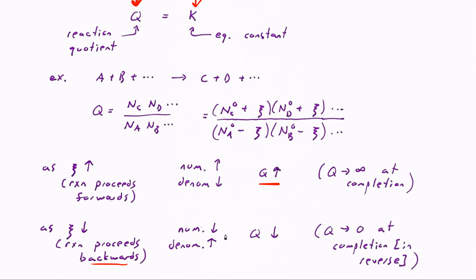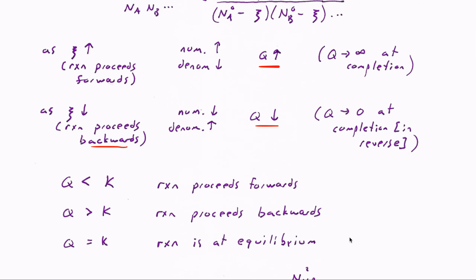The smaller numerator over a larger denominator means that Q is getting smaller. So when the reaction proceeds backwards, the reaction quotient decreases, and the smallest it can become is zero, if I've completely consumed one of the products so there's no more of it left. The number of moles or molecules of that product reaches zero, and the zero in the numerator means the reaction quotient can't get any smaller than zero when the reaction goes completely in reverse.